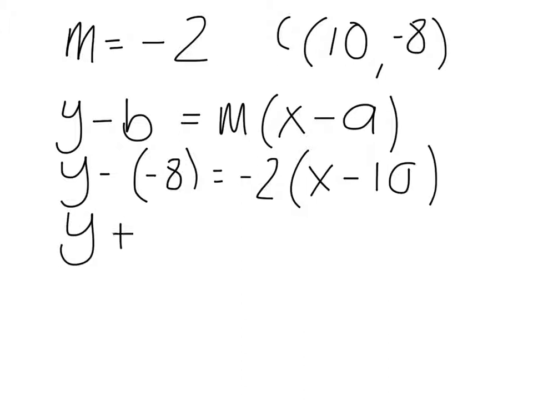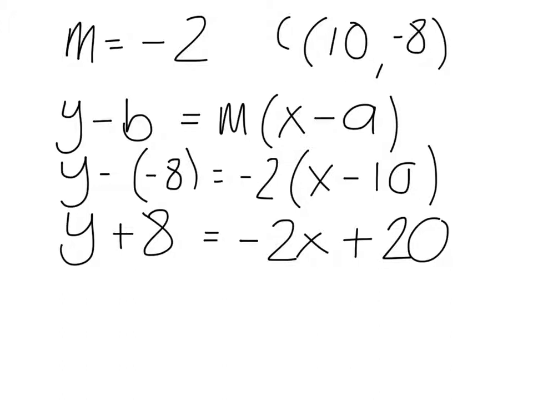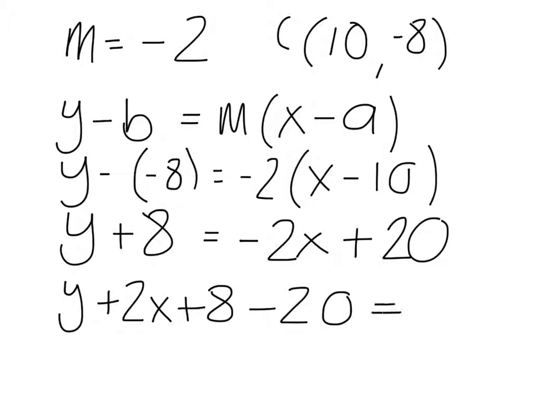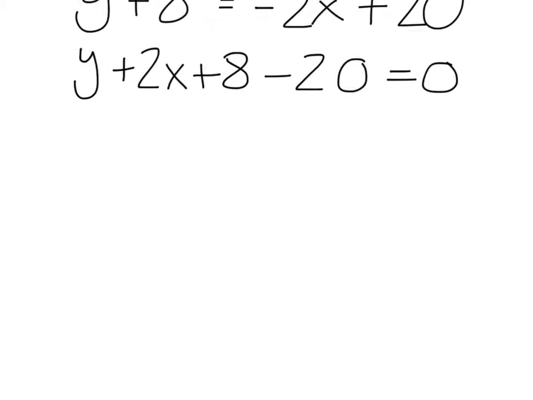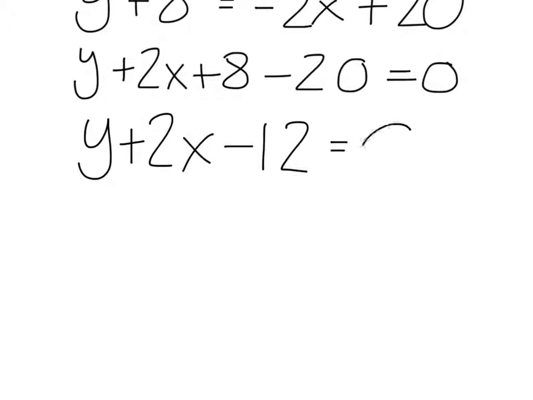So that's y plus 8 equals -2 times x, which is -2x, and -2 times -10, which is plus 20. Collecting everything to one side gives us y plus 2x plus 8 minus 20 equals 0, which then gives us y plus 2x minus 12 equals 0.